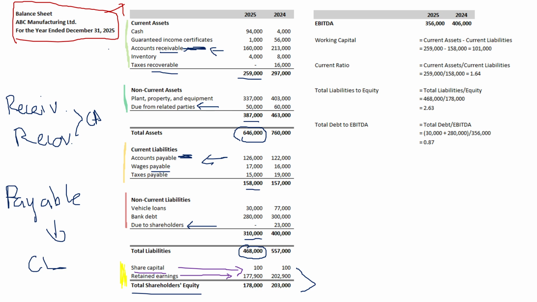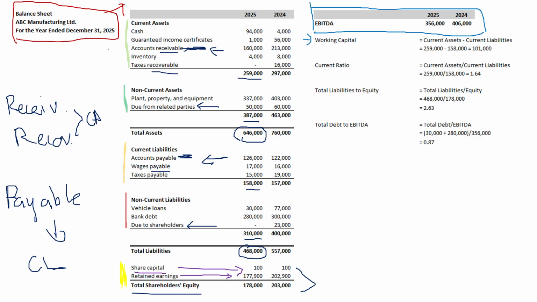So on the right side are the only equations you're going to need to know. I included EBITDA on the top right here from our income statement lesson. I'm just going to restate it because you're going to need it for one of the equations. First of all, we have working capital, and the equation is just the difference between current assets and current liabilities.